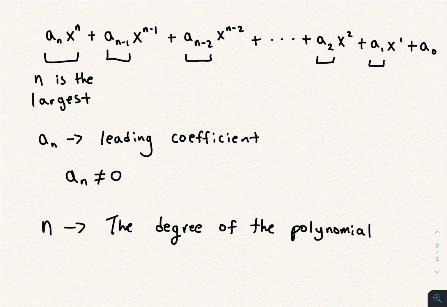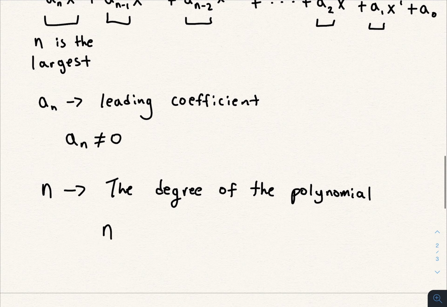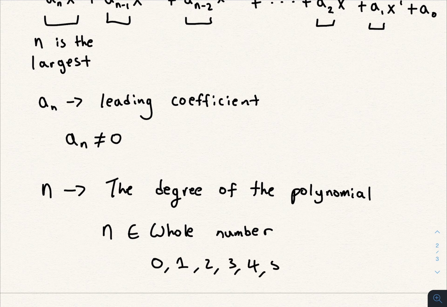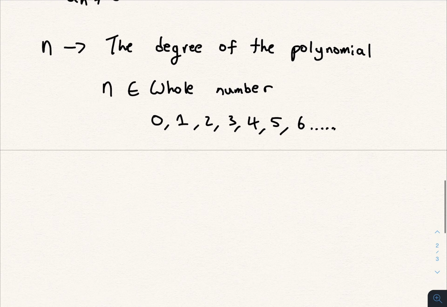Note n here must be a whole number, which is any number such as 0, 1, 2, 3, 4, 5, 6, and so on until infinity. So no negative integers, no fractions, no roots, nothing like that. Only whole numbers are allowed.